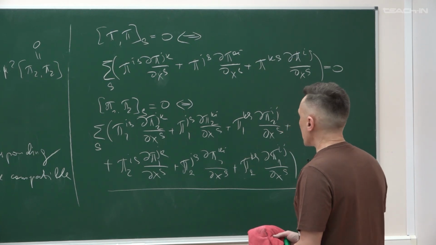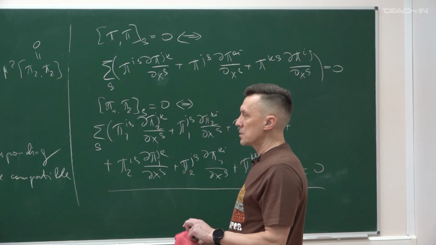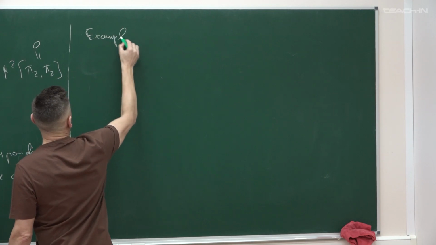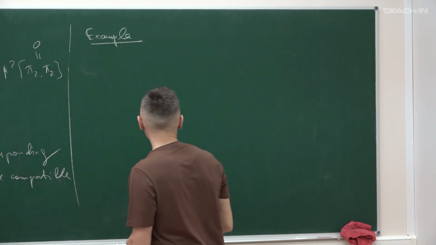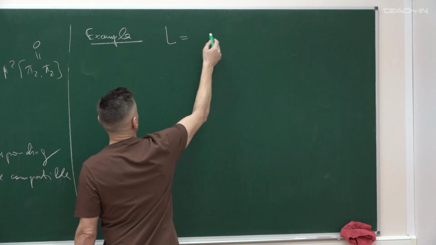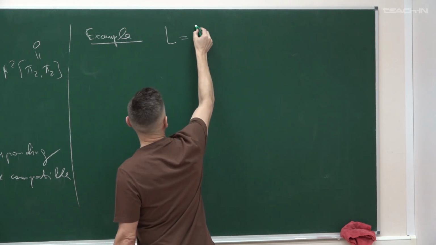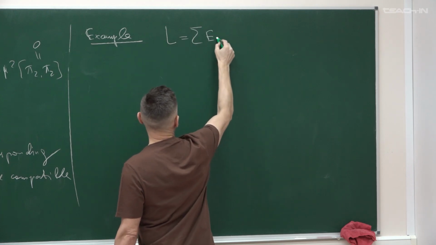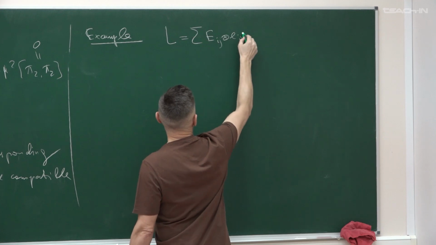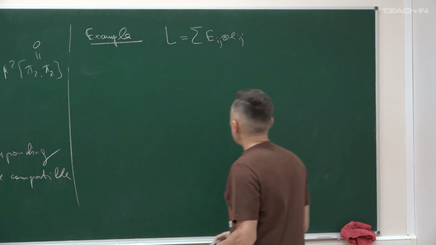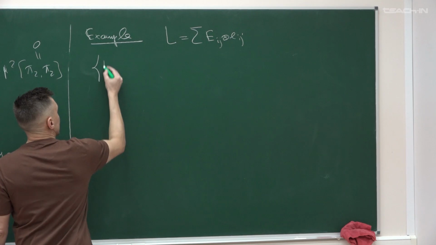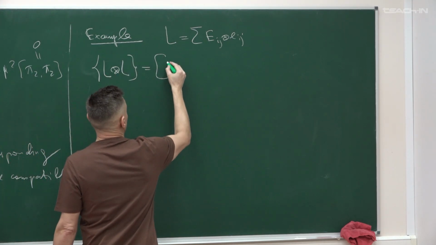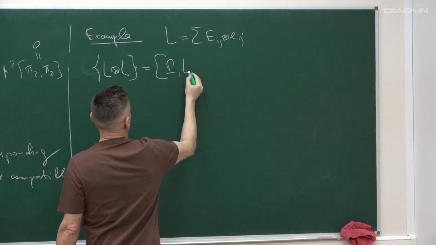Okay, so I suppose you need an example. So let L, as before, be the Lax operator of the Lie algebra GLN. And we know that its standard Poisson structure is given by P L2.